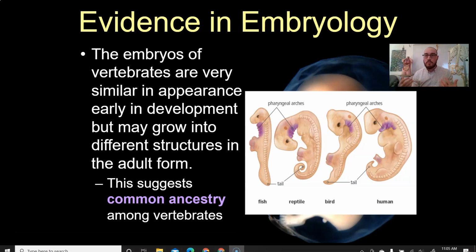A fish, a reptile, a bird, and a human are very different in their final development, but if you look at them when they're embryos about 4 weeks into their gestation, you can see that they look very, very similar. And a lot of this is because the original ancestor of all these chordates, which eventually gave rise to vertebrates, all had the same type of development.